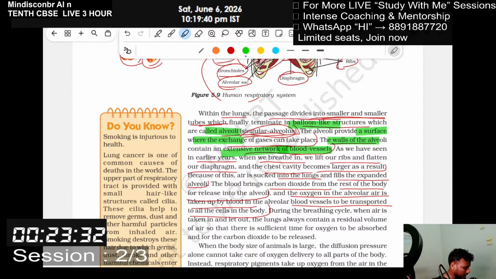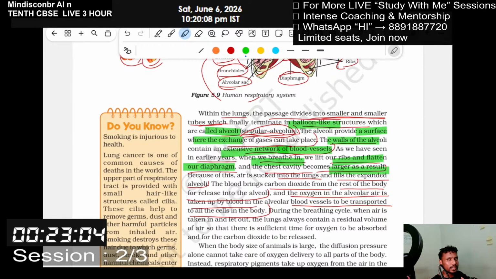As we have seen in earlier years, when we breathe in, we lift our ribs, flatten our diaphragm, and the chest cavity becomes larger as a result. So when we breathe in, the chest or lungs expand, and the ribs come upwards and outward, and also our diaphragm becomes flattened.